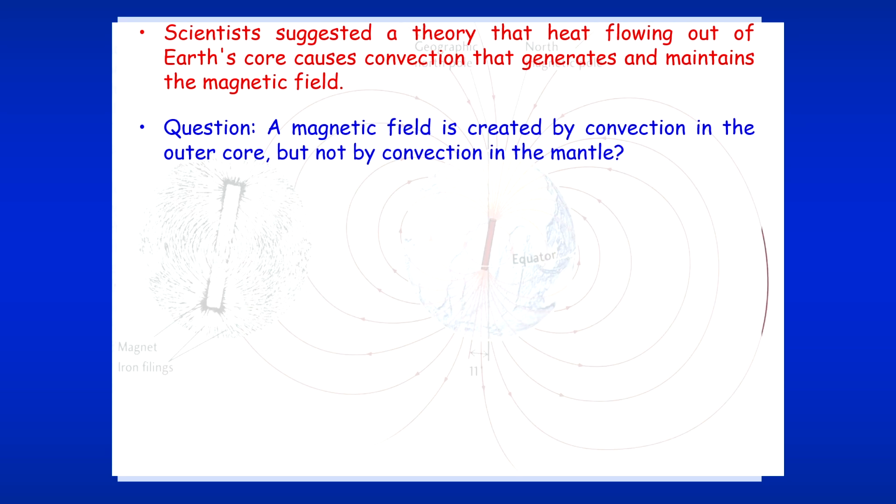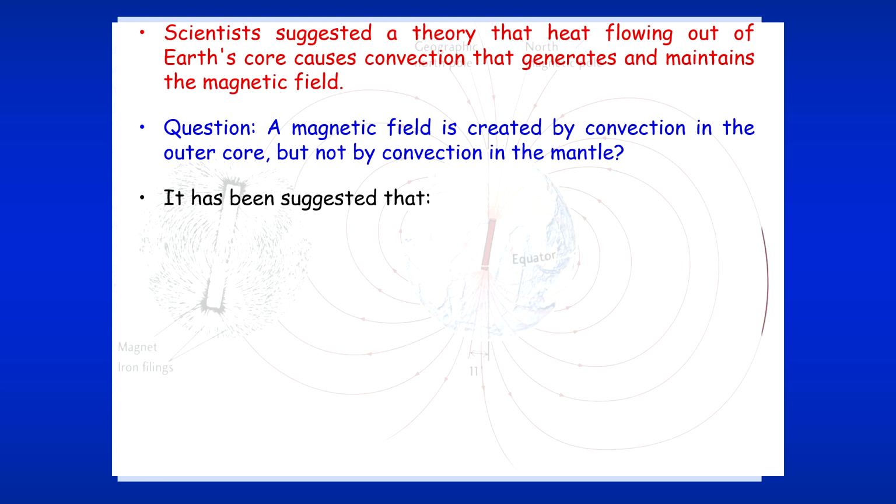The question was, a magnetic field is created by convection in the outer core, but not by convection in the mantle. That is related to the geodynamo we are talking about.